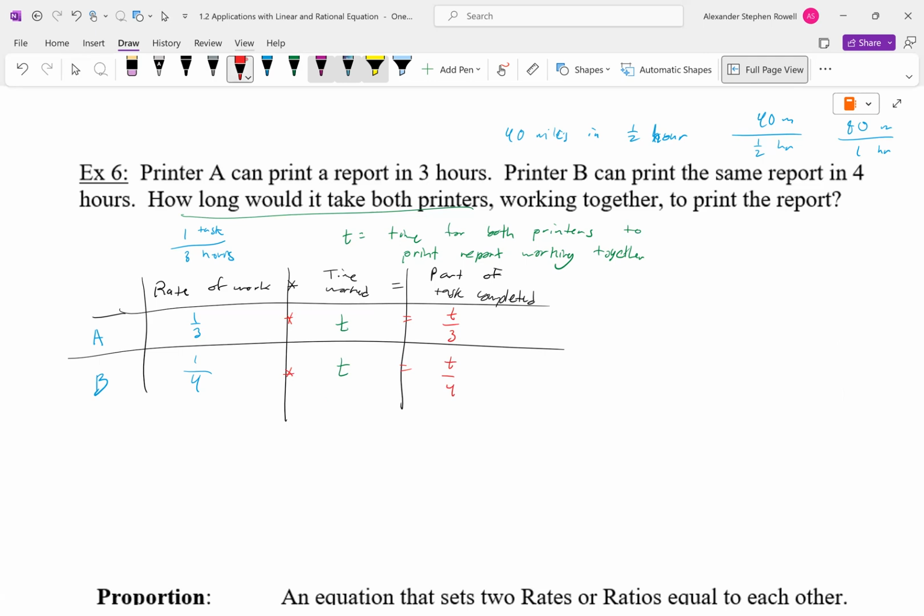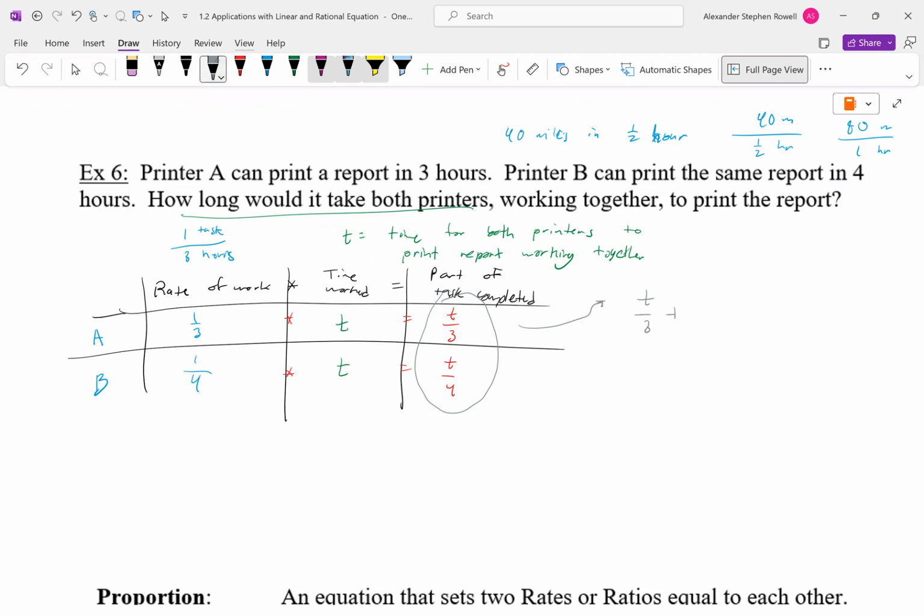Okay, and once you fill this out, these are going to be easy because these represent the part of the task completed by each one, and together they should complete how much of the task?